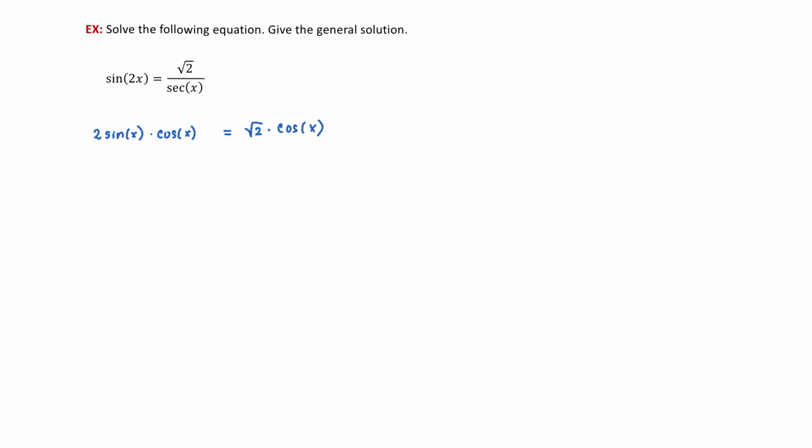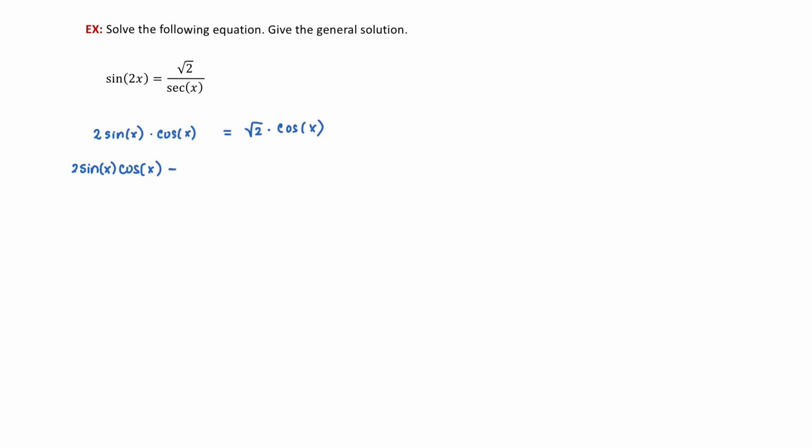But if not, don't divide by the variable. Take, let's say, this side and move it over to the left side, and then try to see if you can factor anything out. So I'm going to take the left side, leave it there as is, and we are going to subtract this expression from both sides.